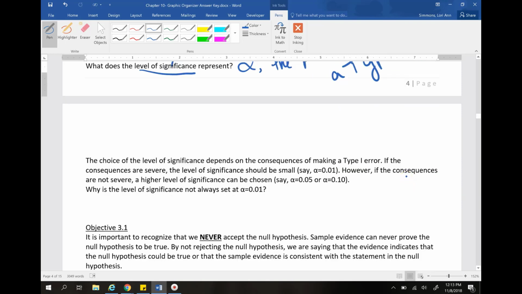The choice of the level of significance depends on the consequences of making a type 1 error. If the consequences are severe, the level of significance should be small. However, if the consequences are not severe, a higher level of significance can be chosen. Why is the level of significance not always set at alpha equaling 0.01?